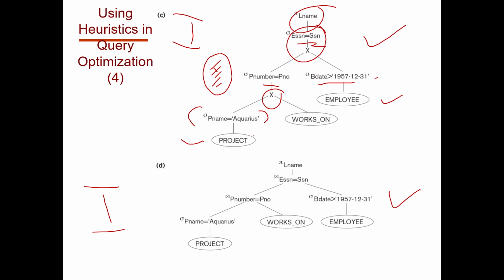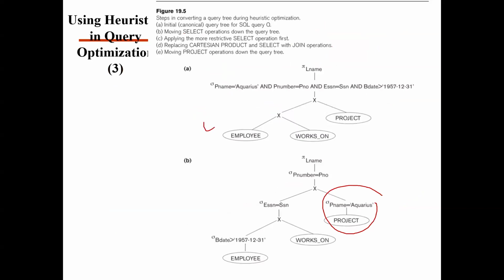For example, if I want to select the student name and the department name, there are only 4 departments, but there are many students in different departments. So if I select the student names, then select the department, there will be so many students. Similarly, if I select the employees, there are 1,000 employees. But how many departments do we have? How many projects do we have? A smaller number of projects. So we are selecting the smaller number first.